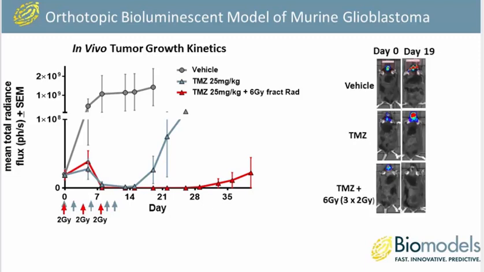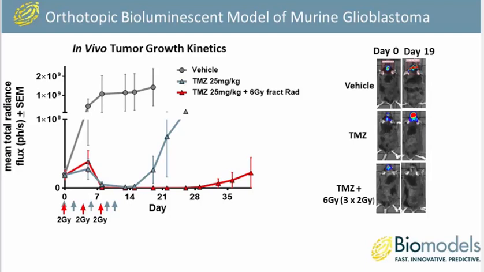Here we can see some tumor growth kinetics in vivo using IVIS. So we can see here the actual signal from the brains of the mice. And importantly here, we can see relapse occurring.